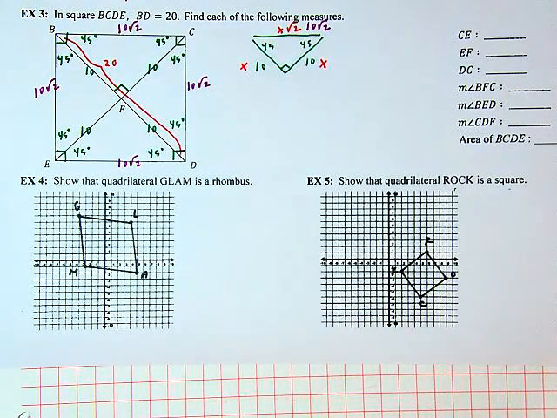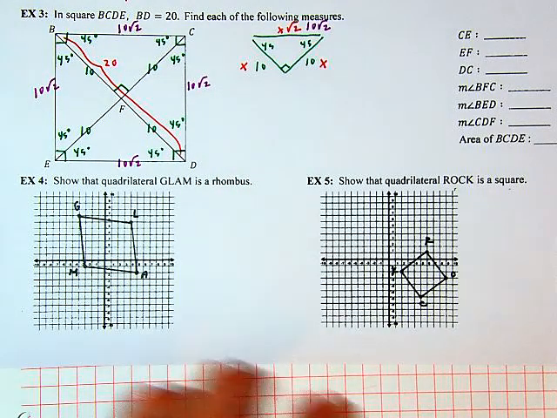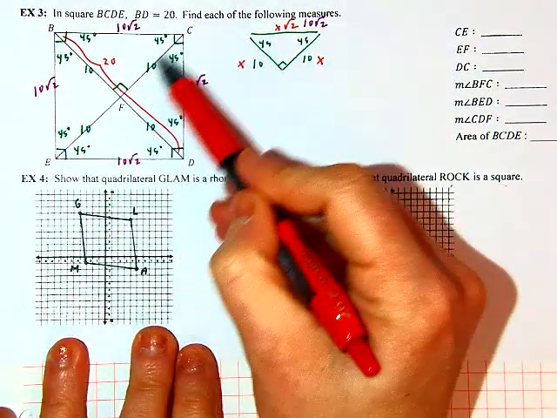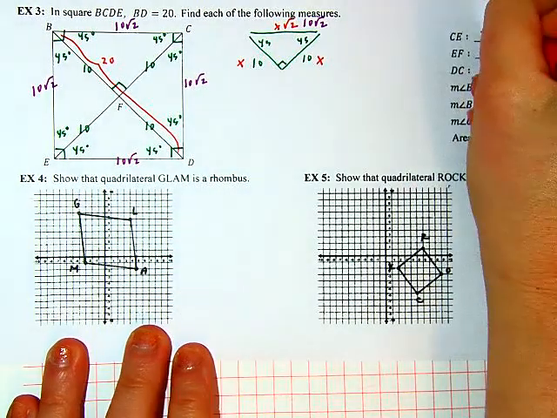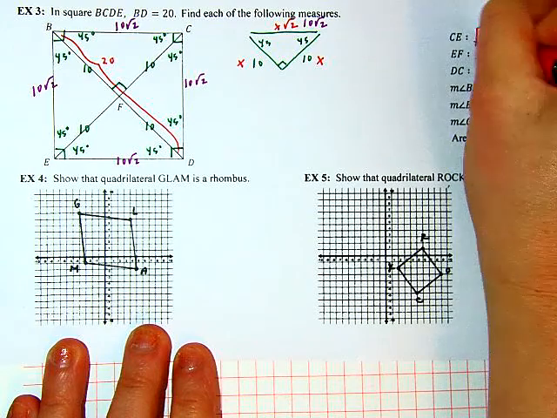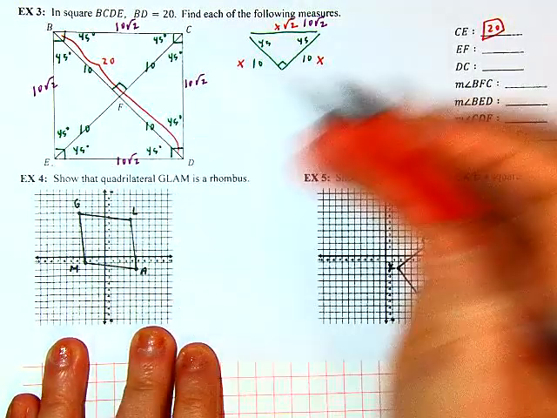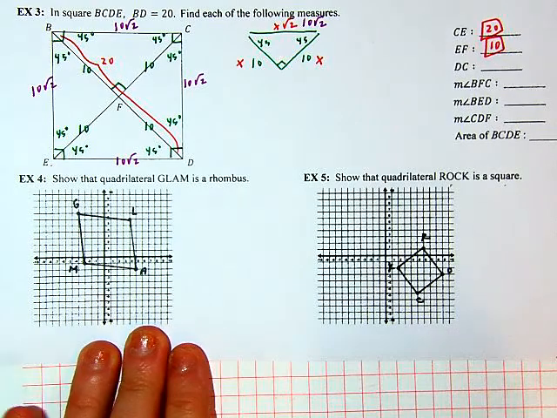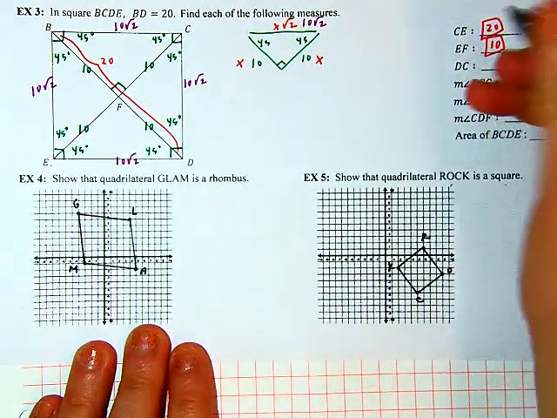Okay, so next, fill it in. So CE is 20. EF is 10. DC is 10 root 2.